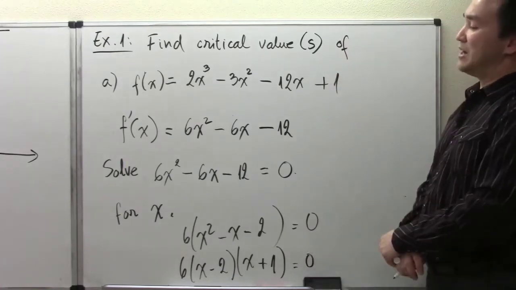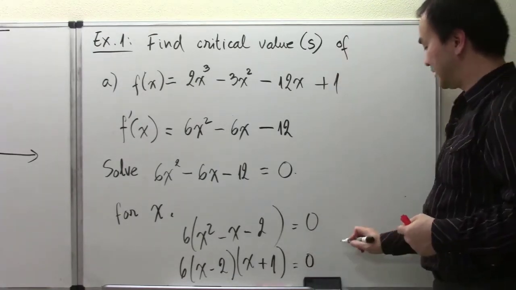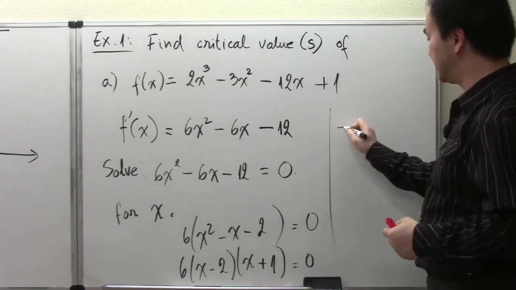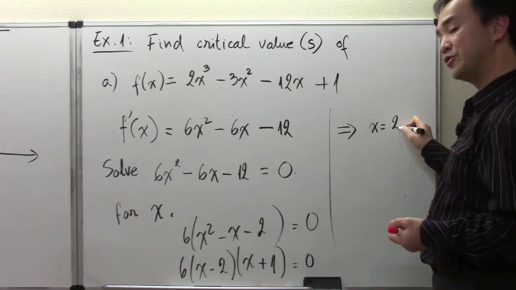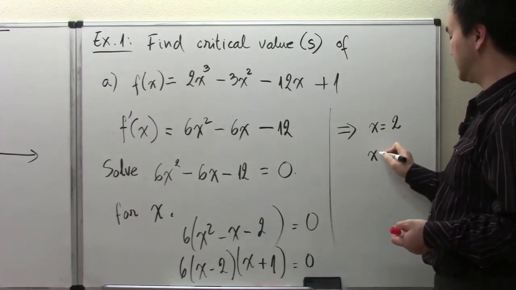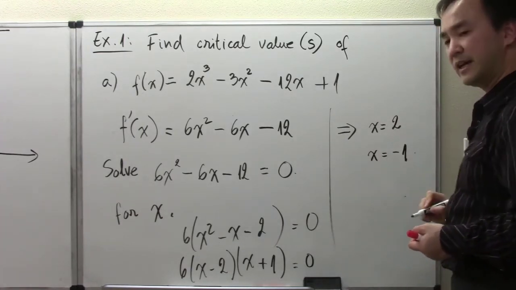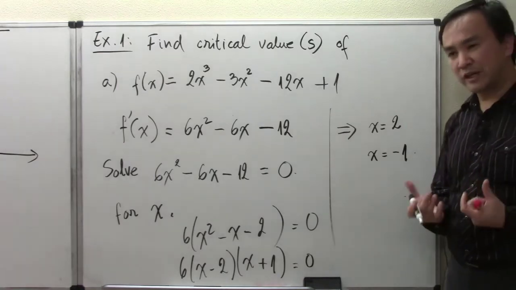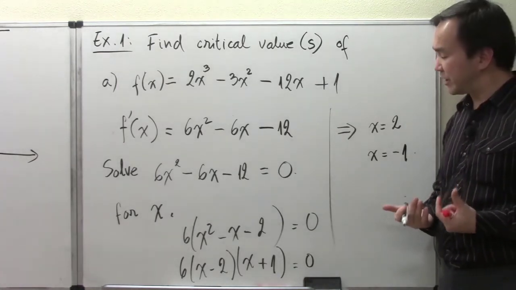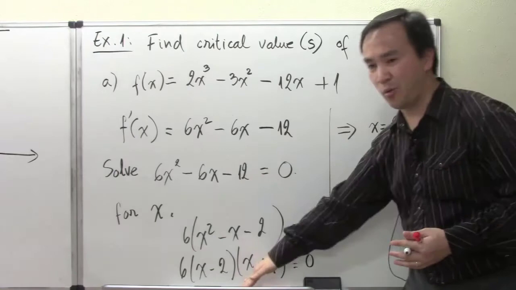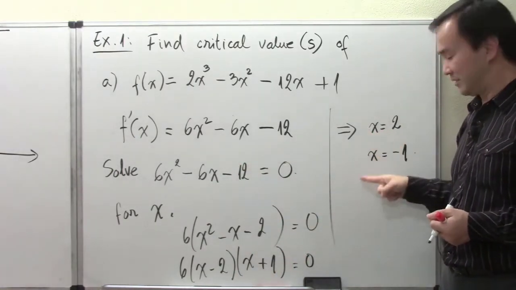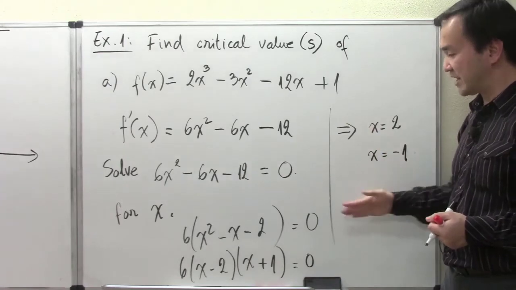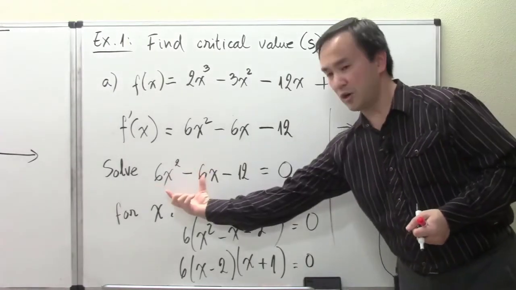Okay, and so now at this point, clearly we are looking at two different solutions. x equals 2 and x equals negative 1. So thinking strictly in terms of solving a quadratic equation, these are our solutions. These are the solutions that give me a 0.